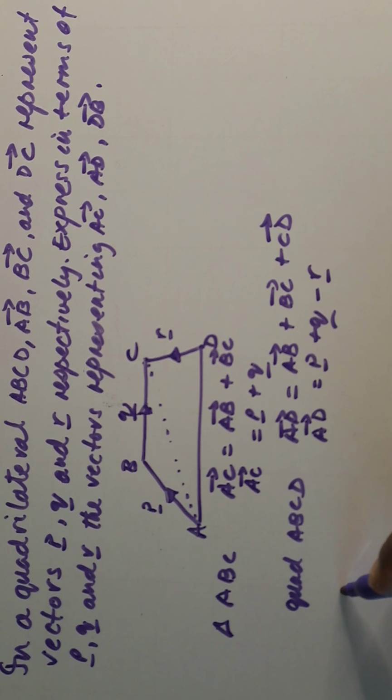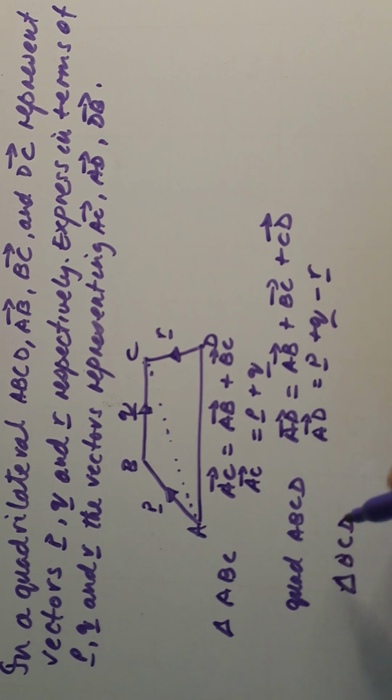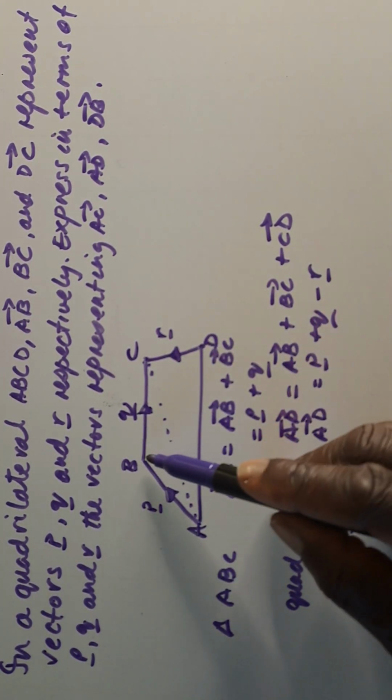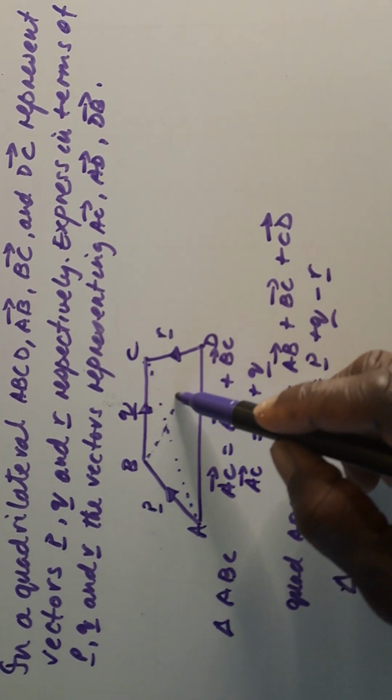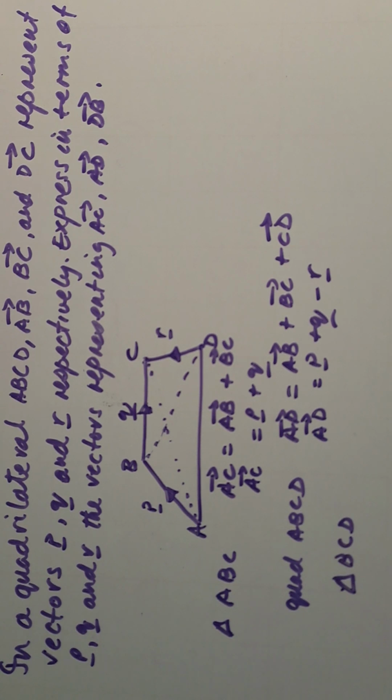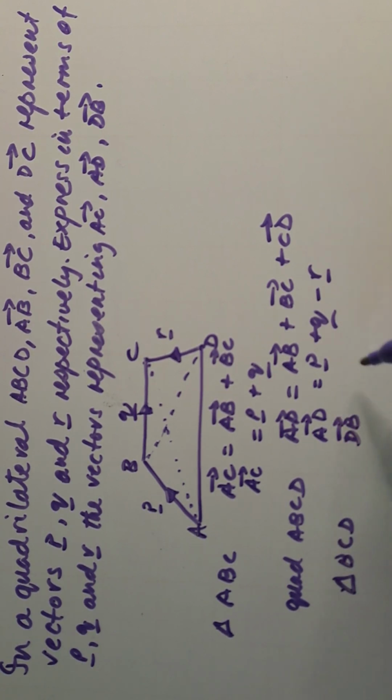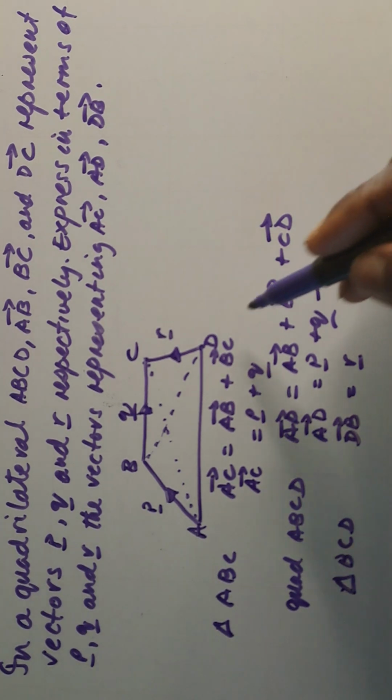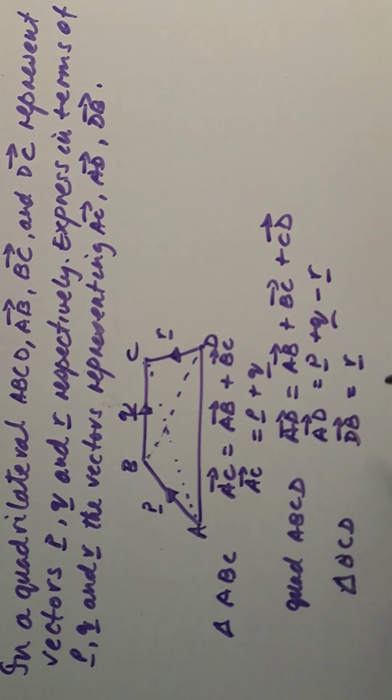And then if we have a look at triangle BCD, if we again put an imaginary broken line there, we have DB, the displacement D going to B. Let's not go straight to that.